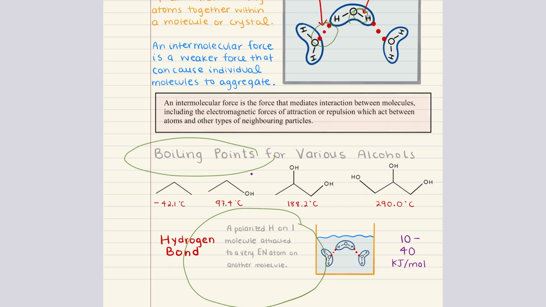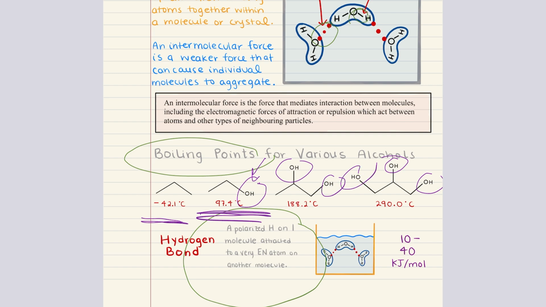In the case of alcohols, the hydroxyl group is responsible for this strong hydrogen bonding, which explains why alcohols have a much higher boiling point than hydrocarbons of similar molecular weight. Then with added hydroxyl groups, the boiling point also increases.